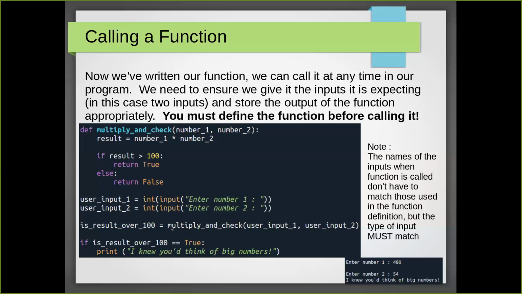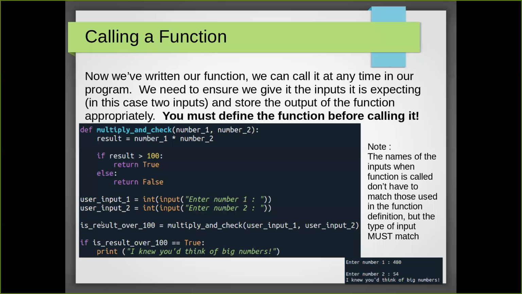So what will happen? Python will call this function with these two numbers. So it'll ask the user for the two numbers. It'll then pass them into this function. Those two numbers will be multiplied together and stored in result. And then depending on whether the result is greater than 100 or not, the function will spit out the other end a true value or a false value.